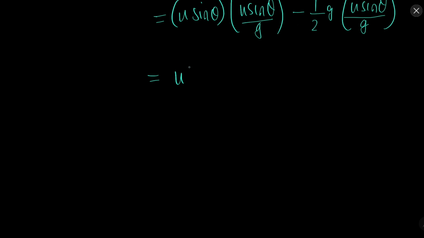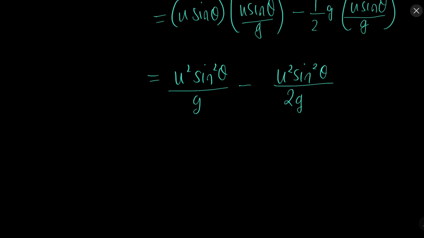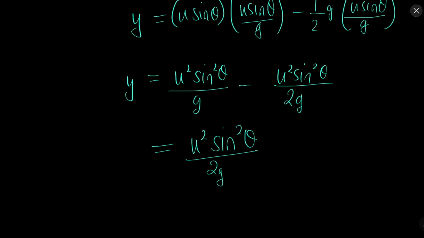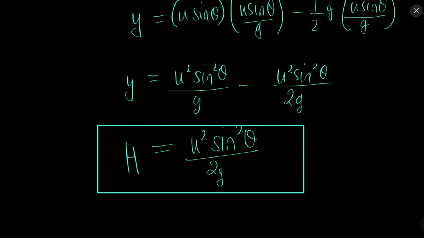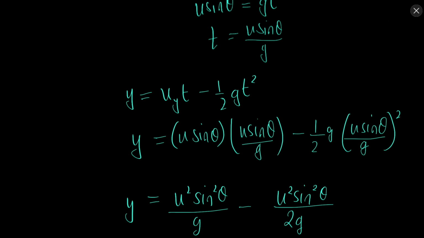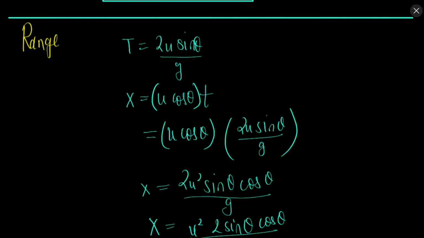So it is equal to u square sin square theta by g minus u square sin square theta by 2g. After subtracting you will get u square sin square theta by 2g. So you can write this as the maximum height. This is how you get the formulas for maximum height, maximum range, and the time of flight of a projectile.